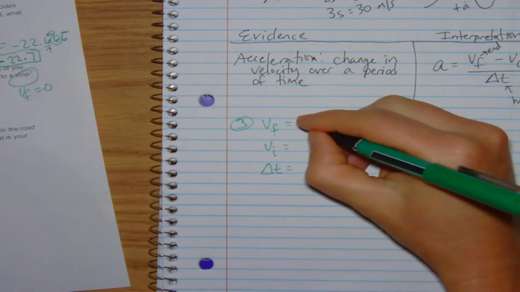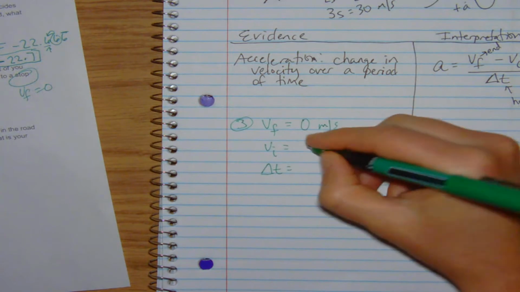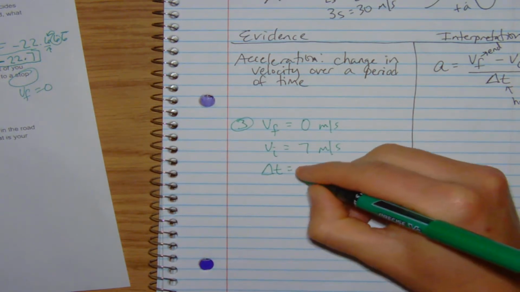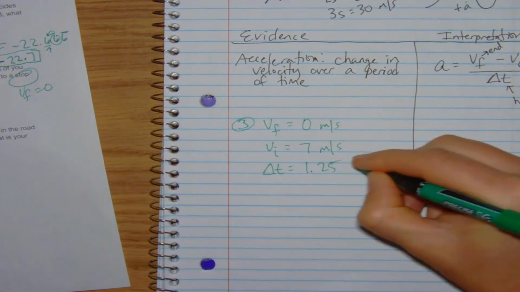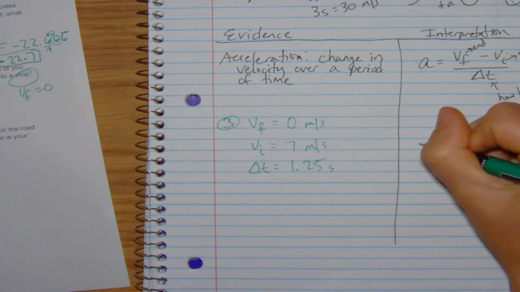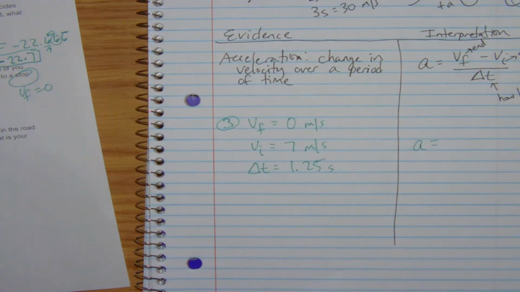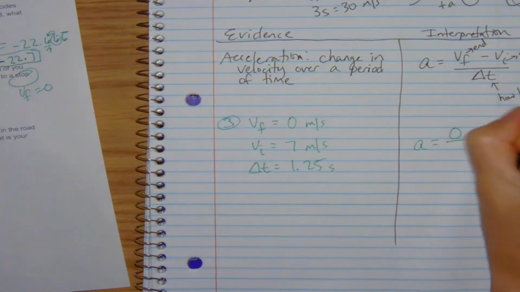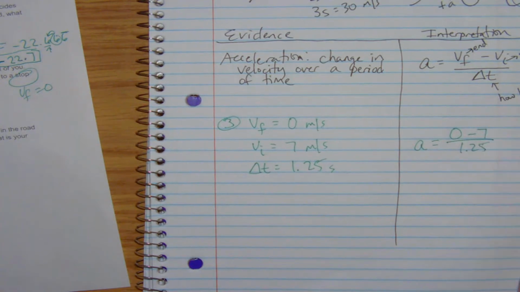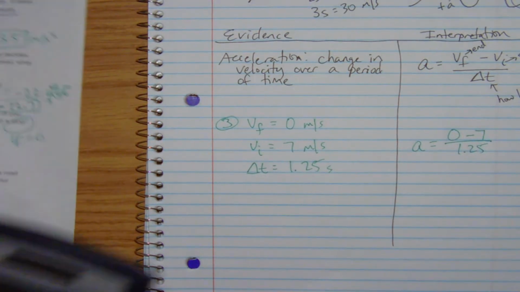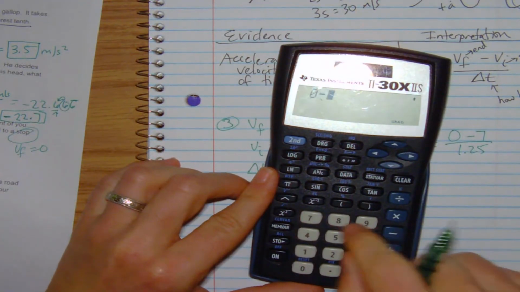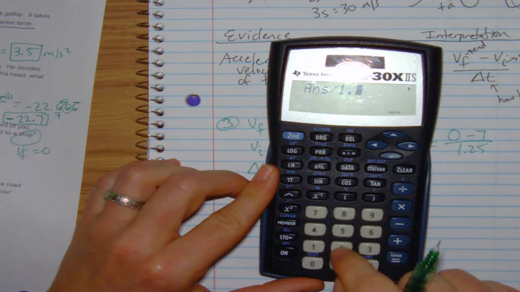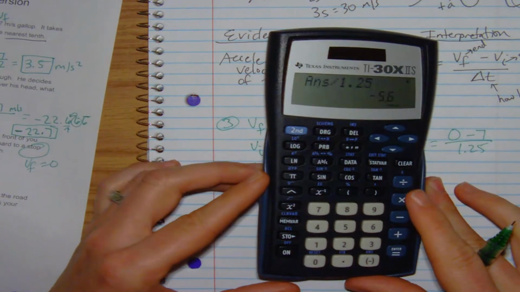So we have a final velocity of 0. We have an initial velocity of 7 meters per second, and our change in time is 1.25 seconds. Acceleration, we're slowing down. This needs to end up negative. So 0 minus 7, hit enter, divided by 1.25, and we get something pretty.